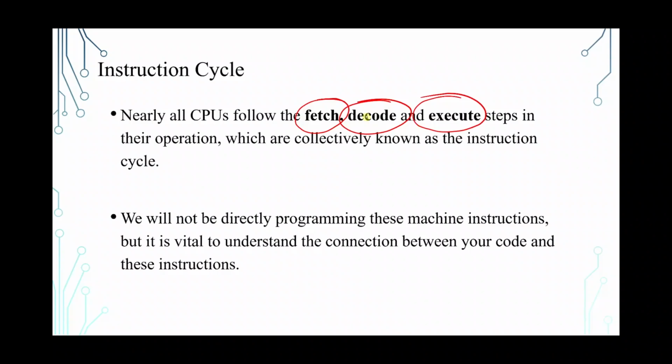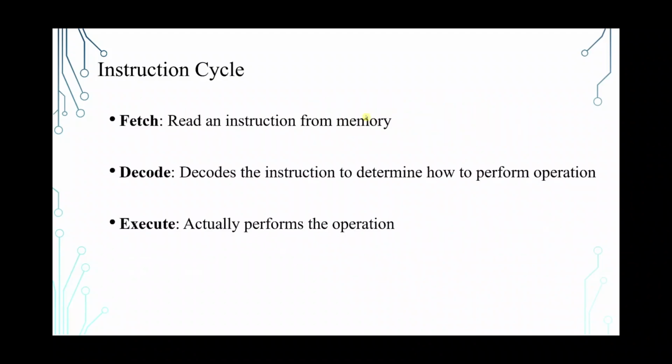Nearly all CPUs follow the fetch, decode, execute cycle, which are collectively known as the instruction cycle. We will not be directly programming these machine instructions, but it's vital to understand the connection between your code and these instructions. So the instruction cycle consists of three things, as we said.